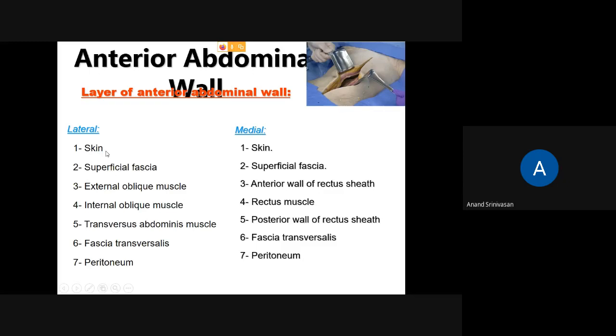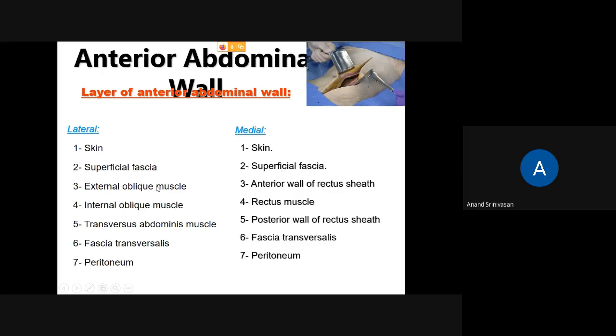Similarly, on the medial side, suppose I make an incision exactly in the center, these are the layers which I can come across. The first one would be the skin, which is the same. The second one is also the same, the superficial fascia.